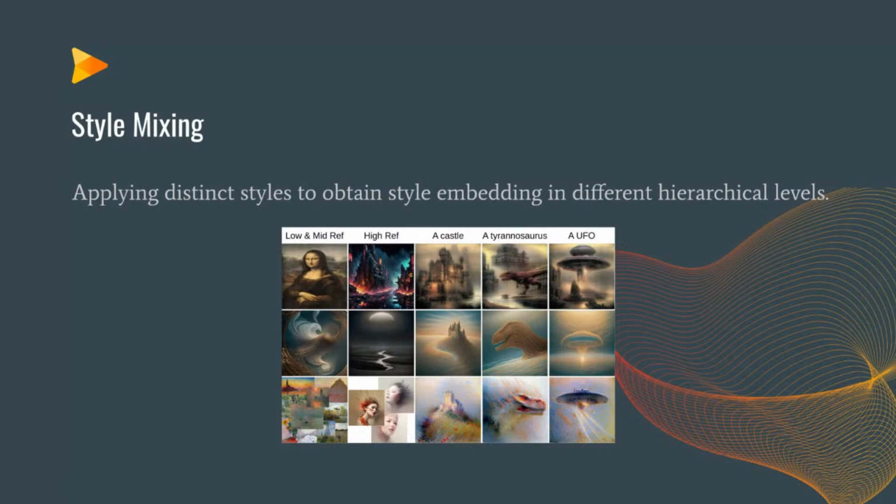Yeah. And the high level will decide the composition and provide some high-level art concept of the work. Yeah. So it's very interesting to observe how styles mix together and how each level's features affect the results.